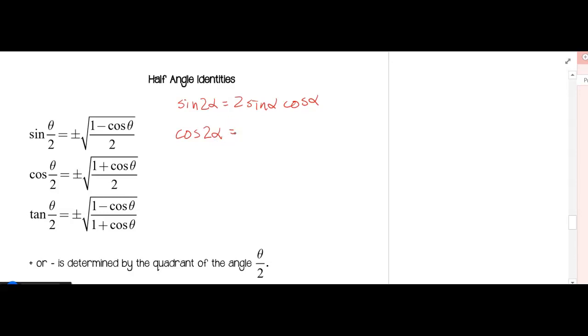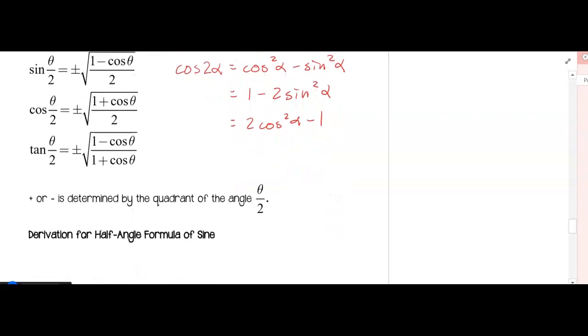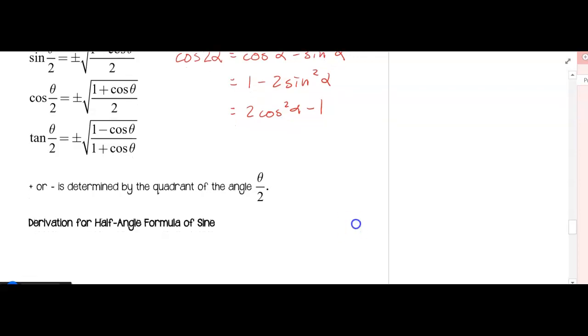So for cosine 2 alpha, we had cosine squared alpha minus sine squared alpha, or we had 1 minus 2 sine squared alpha, or our third version of this was 2 cosine squared alpha minus 1. And we're going to primarily use the cosine 2 alpha identities for the double angle identities to derive our formulas.